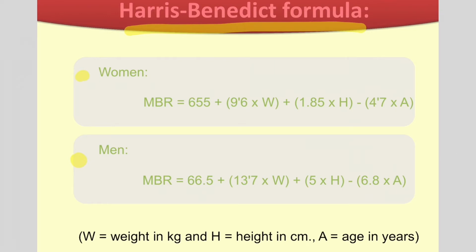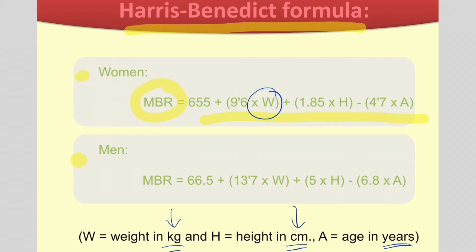So the basal metabolic rate is equal to these values, where we have to take into account the weight in kilos. This you will have to know. The weight has to be in kilos, the height has to be in centimeters, and the age in years.